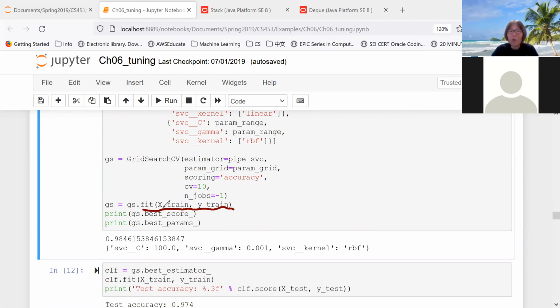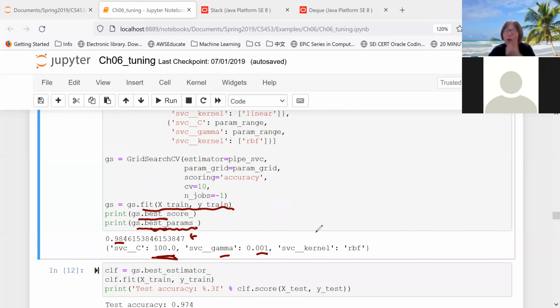Training with the training data. Okay, so this is the training data. Then we can collect the score, and it also gives you the best parameter. So the score we can see is quite high, 98%. And the best parameter it provides is, regarding the regularization parameter, C is 100, gamma is 0.001.